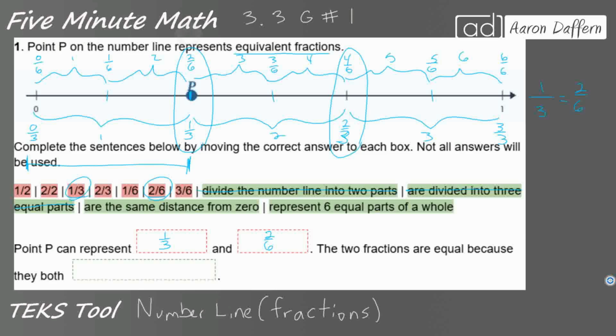It's the same from both. So that might work. And then represent 6 equal parts of a whole. No, the 2/6 does not represent 6 equal parts of the whole. So we would say are the same distance from 0. And that is going to be our answer.